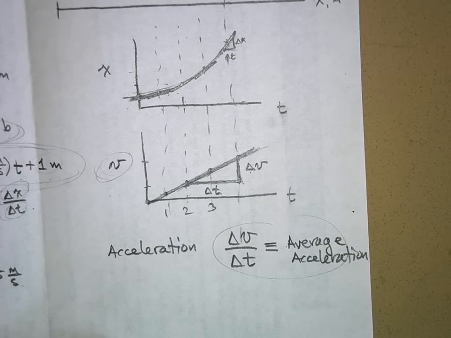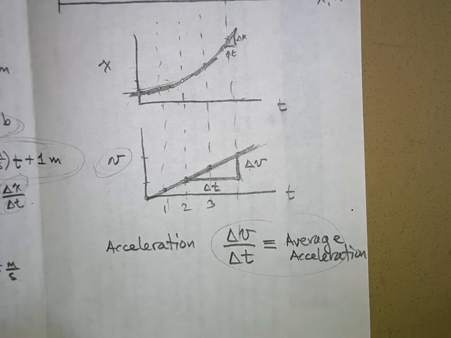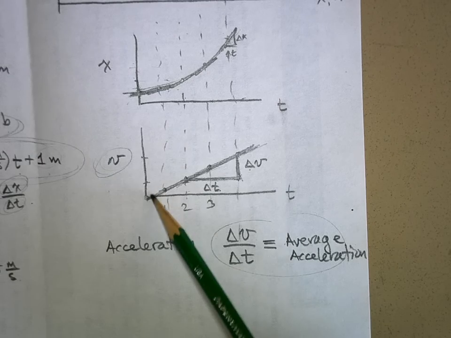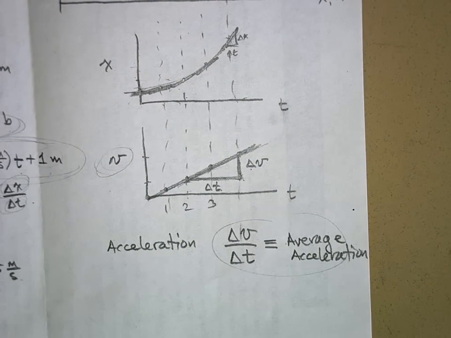Okay? But you will have situations where the acceleration is changing with time, the rate at which the velocity is changing with time. In other words, this would be some kind of a curve, and you would have to take the slope of the tangent line. If you had an analytical expression for it, you would just take the derivative of it.